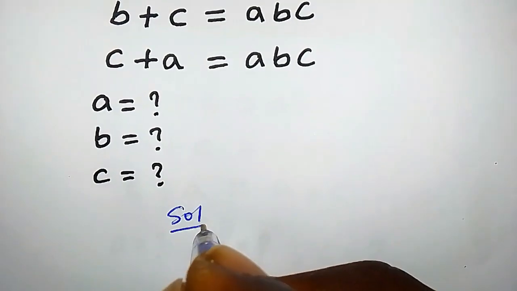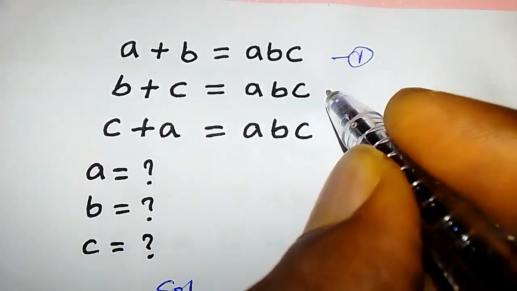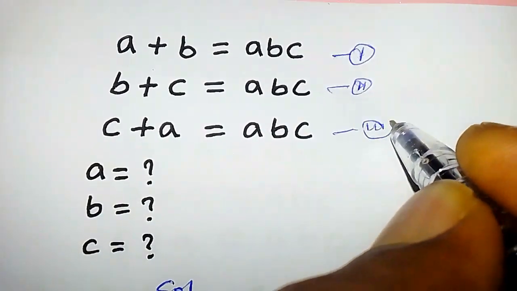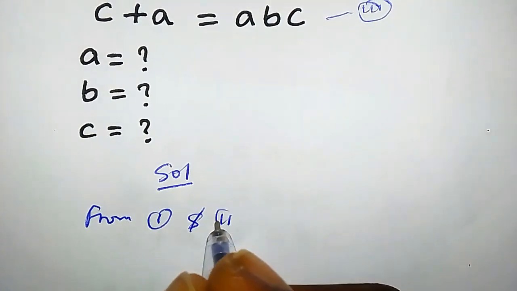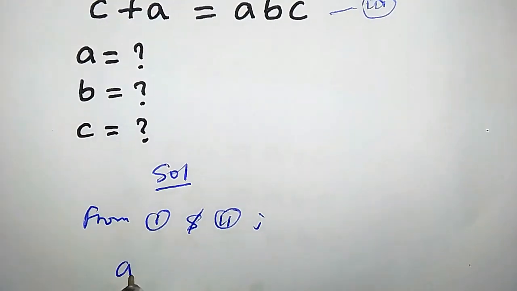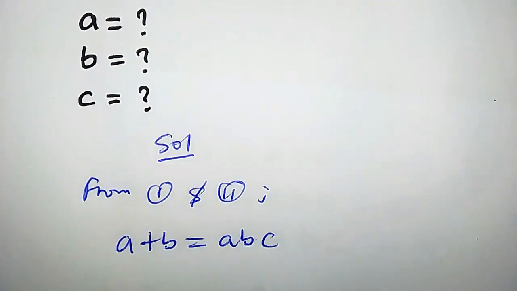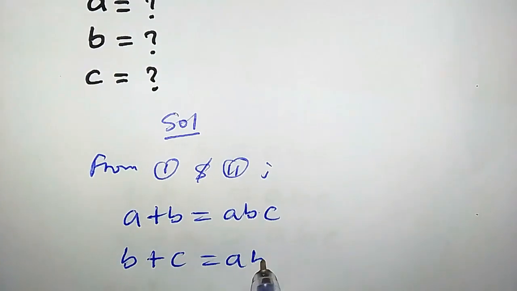Solution. Let's call this equation 1, this equation 2, and this equation 3. From equation 1 and 2, we have a + b = abc and b + c = abc.